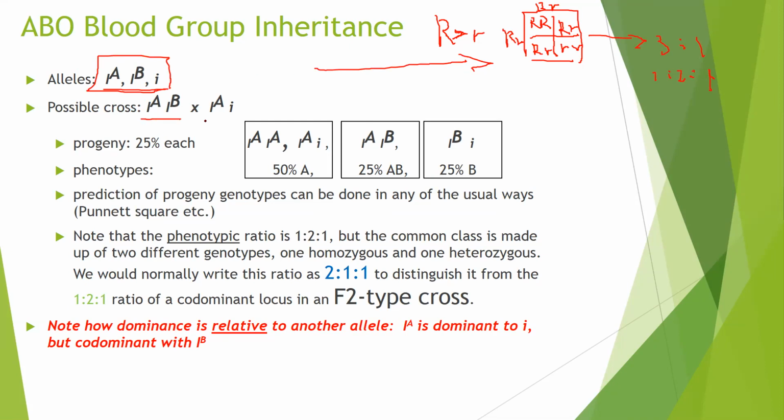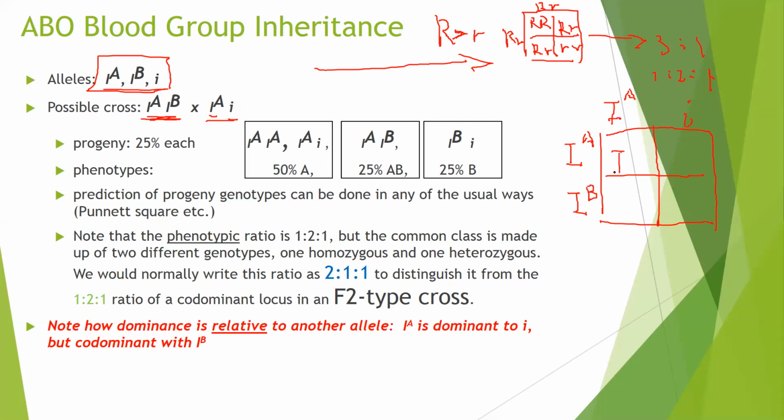Suppose these two people marry, and they have genotypes like this. We can still use the Punnett square to study this mating. This parent can produce either an IA or IB gamete. The other parent can produce either an IA or little i allele.